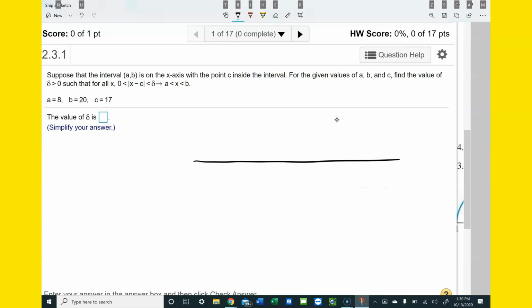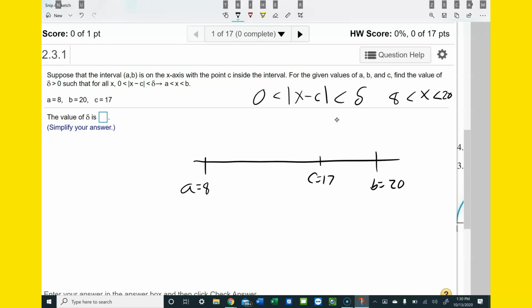All right, let's draw it. So here we go. Here is a equals 8. Here is b equals 20. And here is c equals 17. So the question is what delta value will ensure that x stays between 8 and 20?